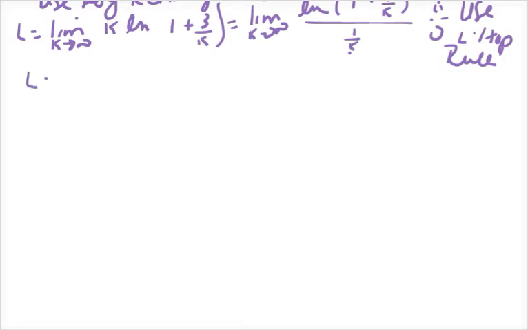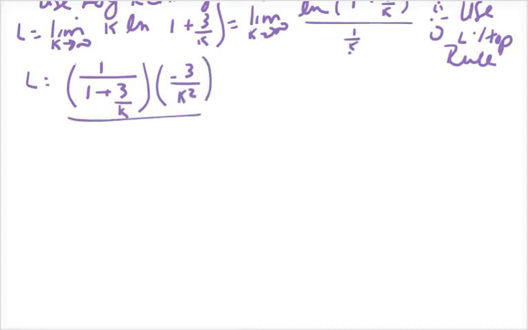So L is equal to the derivative of the log of 1 plus 3 over k, which is 1 over 1 plus 3 over k. Use the chain rule, times minus 3 over k squared, divided by the derivative of the bottom, which is 1 over k squared.